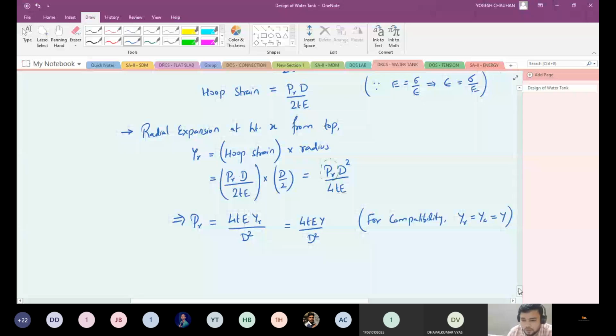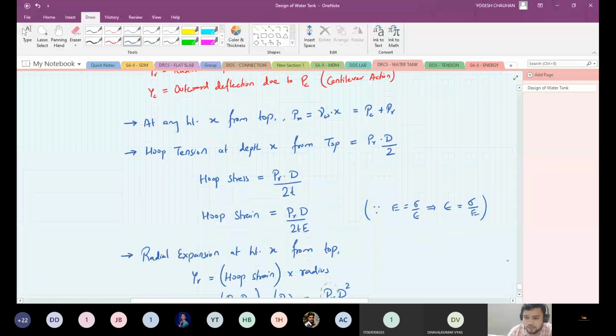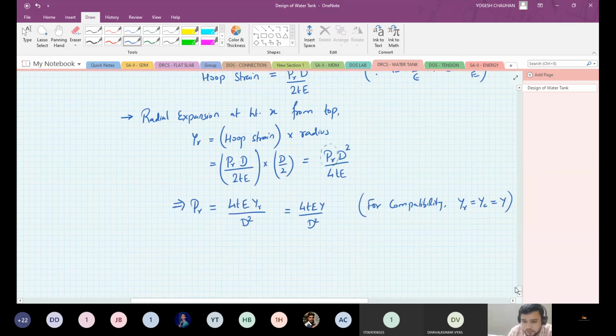So Pr equals 4tE y divided by d square. Let us mark this as number 1. In this equation, we require the values of Pc and Pr. We have the value of Pr in terms of the deflection y.